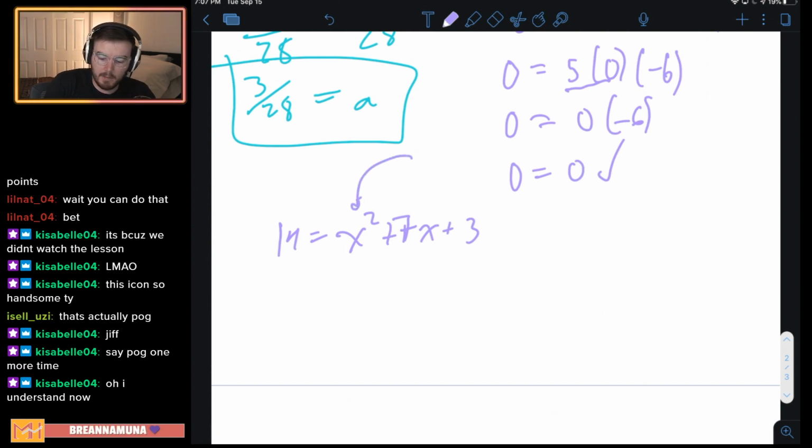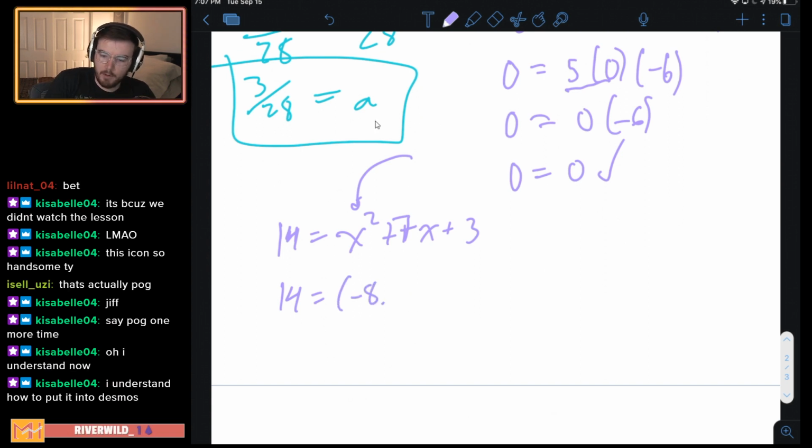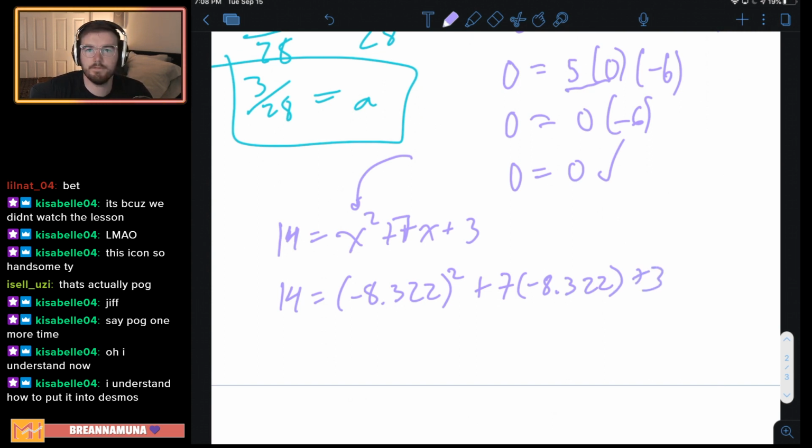What x value makes it equal 14? When I plug in, what was my number? Negative 8.322 for x. The answer is 14. Okay? The answer is 14.